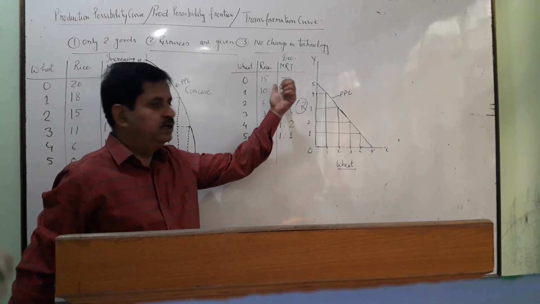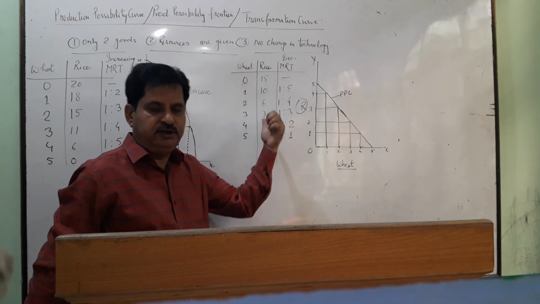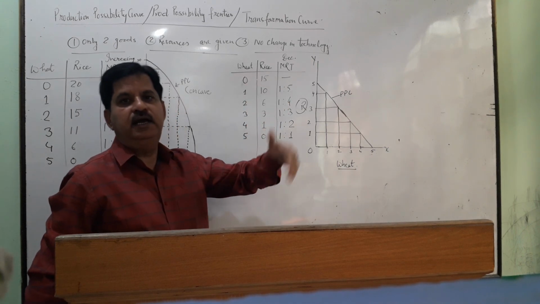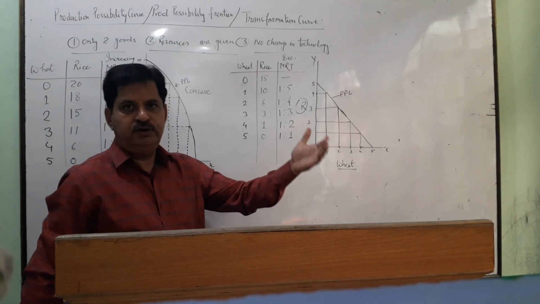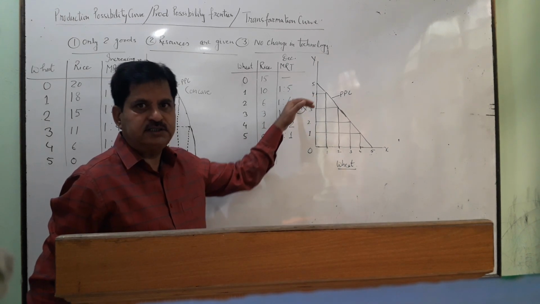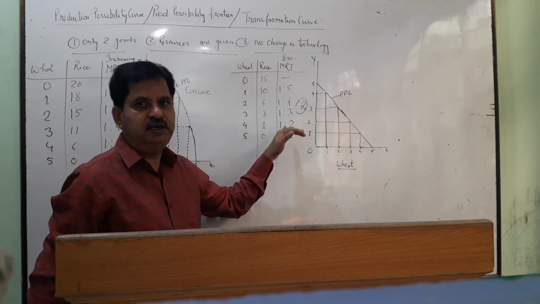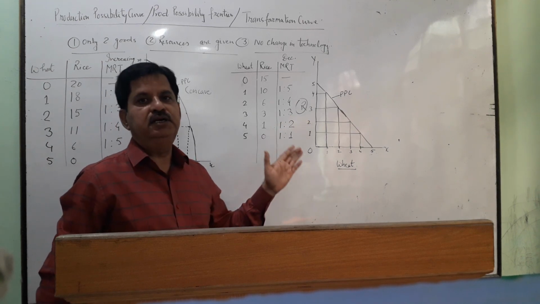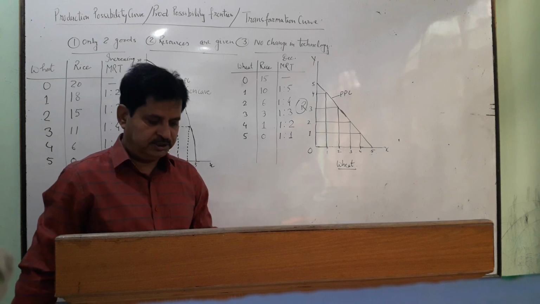Every time for increasing 1 unit of wheat, we have to sacrifice less and less quantity of rice. Earlier we had to sacrifice 5 units, then 4 units, then 3 units, then 2 units, then 1 unit. This is called the diminishing marginal rate of transformation.